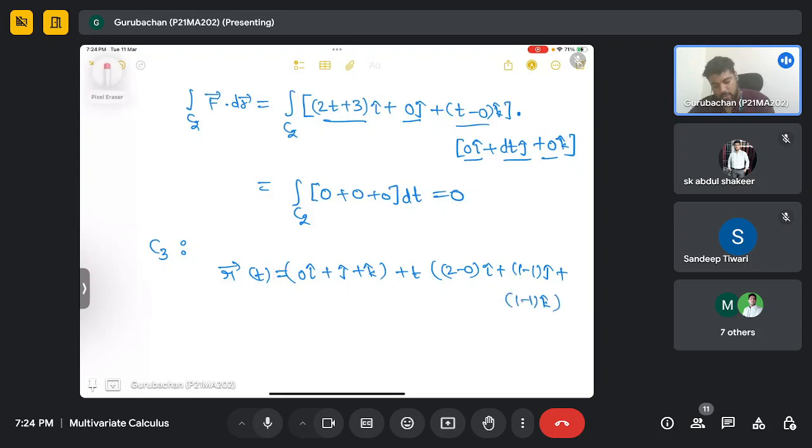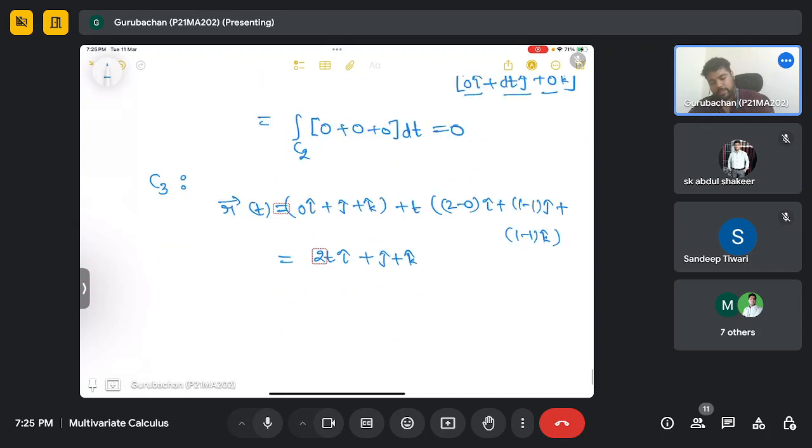So this will be our equation of straight line in 3D. So this will be 2t times i cap plus j cap plus k cap, right?